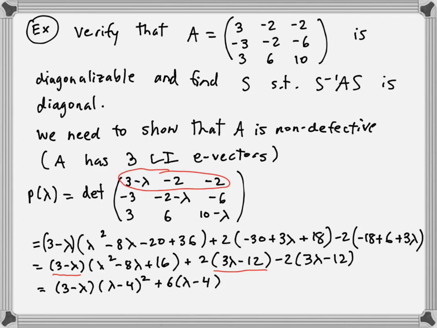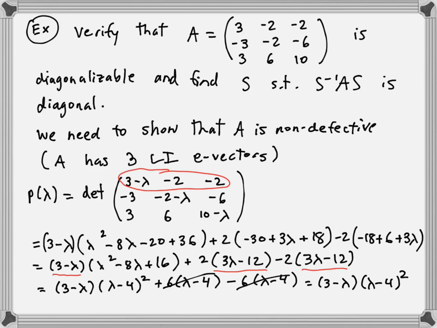And then on this guy, I can pull out another 3. That's going to give me a minus 6, and I have a lambda minus 4. Now, all three have a lambda minus 4, but even better, these two terms cancel out. And so we are done factoring. This is actually equal to 3 minus lambda times lambda minus 4 squared.